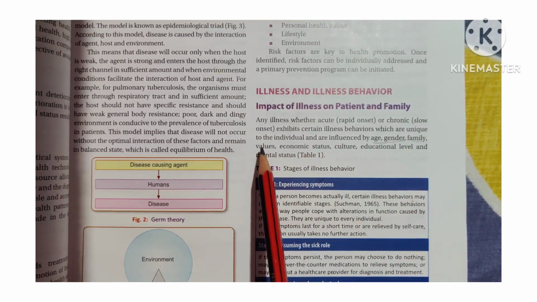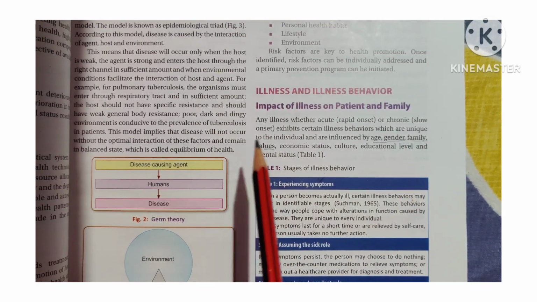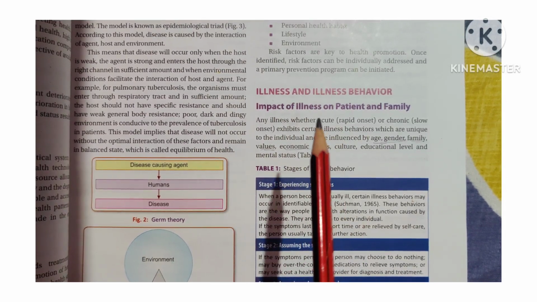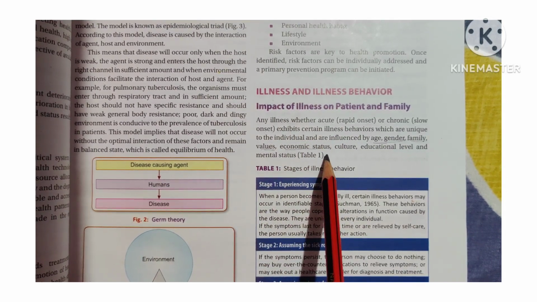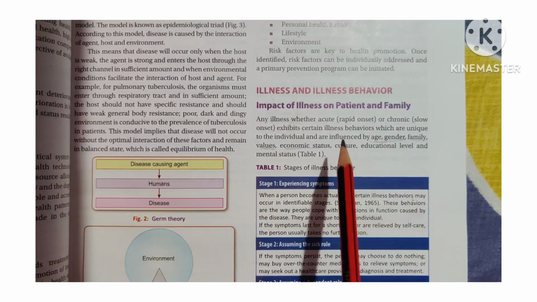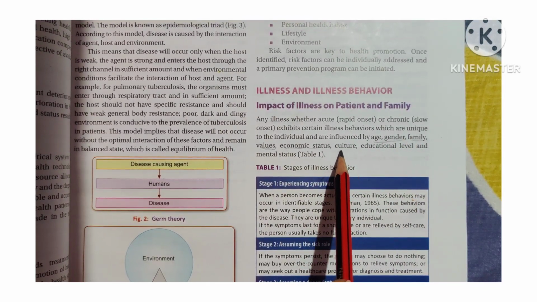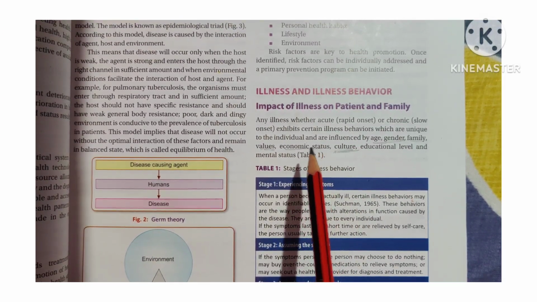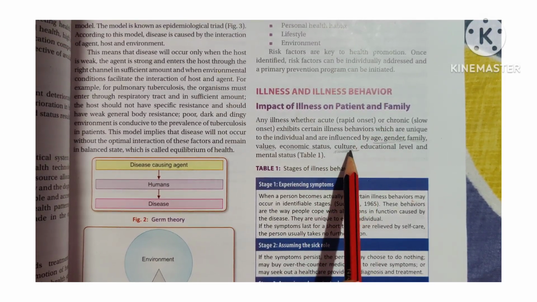Family values: your family plays a very important role in your illness behavior. Economic status: whether you are in the upper income group, middle class or lower income group. Next, culture also influences the way we deal with illness.